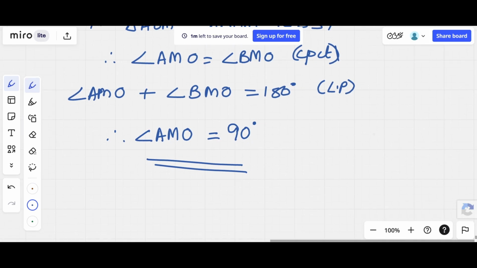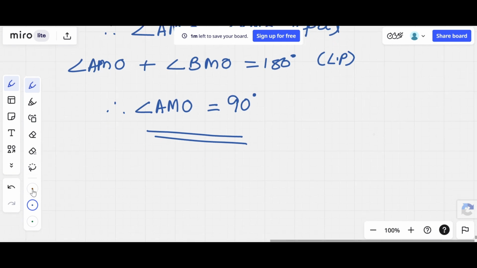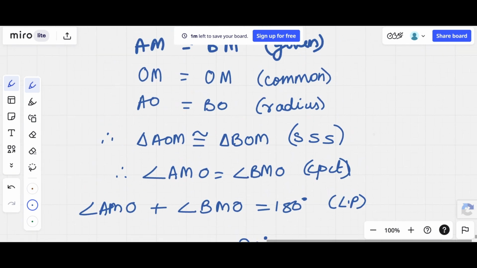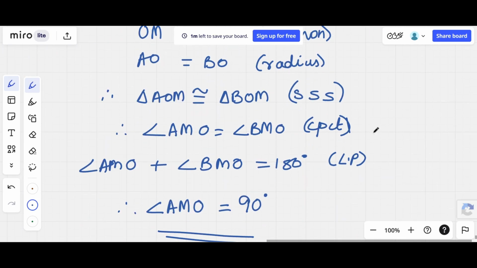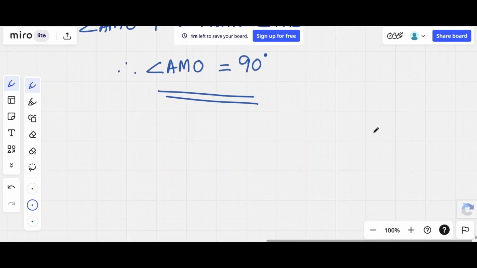So this is done. Are you all okay with this? Kids, are you all okay? It's not difficult. It is just straight away from your triangles. Only a circle is added. So now there is a converse to this theorem. Let us learn that also.